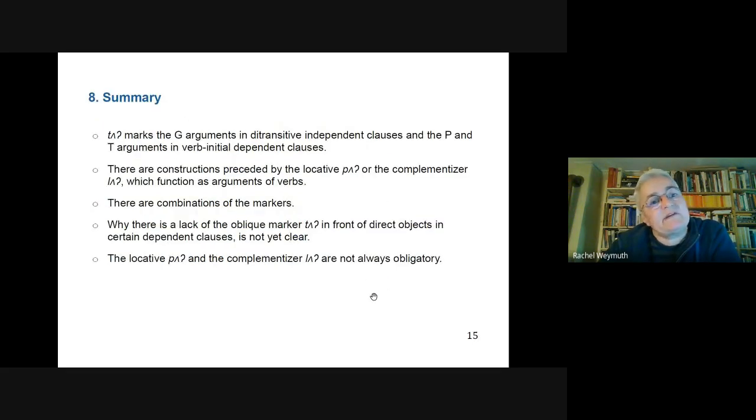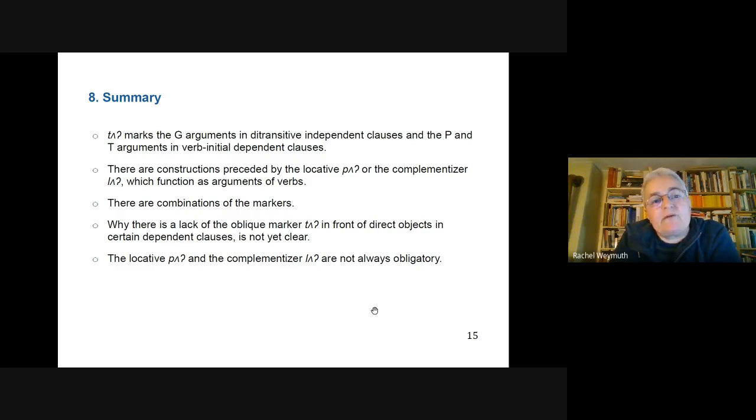So my summary: ta marks the G arguments in ditransitive independent clauses and the P and T arguments in verb initial dependent clauses. There are constructions preceded by the locative pa or the complementizer la, which function as arguments of verbs.